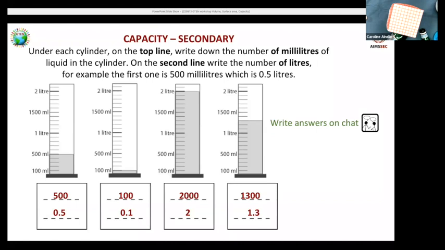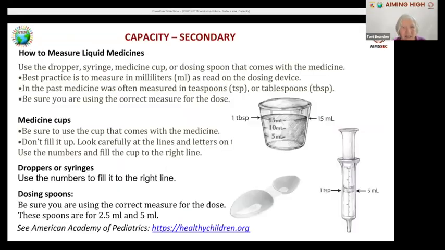But when we were writing the answers separately in the chat, following my own rules, I should have written ml and L after those numbers, because it's a good habit to get into. It's good practice. Unless learners get into the habit at the beginning, they never do.